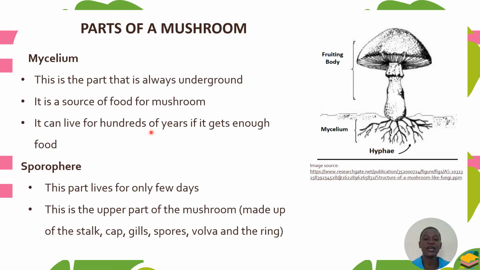This just shows that there is mycelium down there, and whenever the time is convenient, they'll grow into the mushroom. So once this mycelium has enough food, it can stay down there on the ground for hundreds of years. When it is convenient, the fruit will come out on the same mycelium.